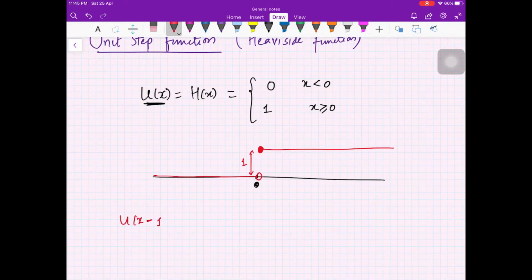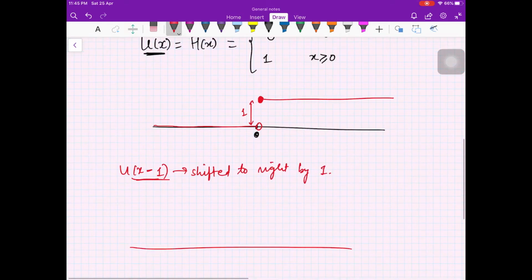And if we talk about say u of x minus 1, then it means that this graph will be shifted to right by 1. It means that, you see, then you will have this thing that at 1 you have the discontinuity. Here is this jump discontinuity at 0, right?